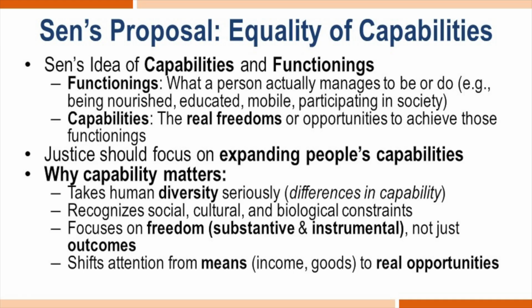These different sets of activities which a person can do in society are known as functioning. And capability in Sen's framework provides the freedom, or the set over which an individual can exercise their choices, and this set includes all the functionings possible.